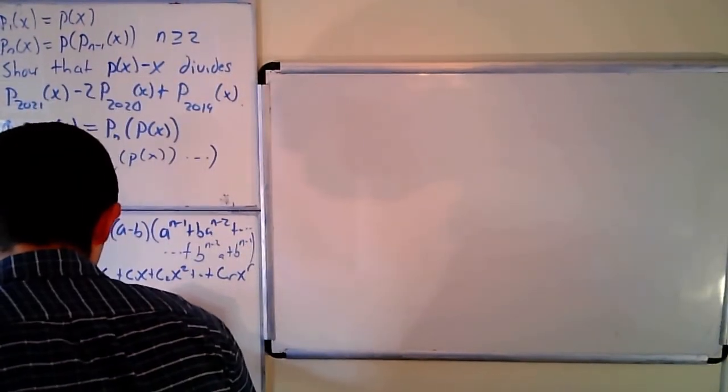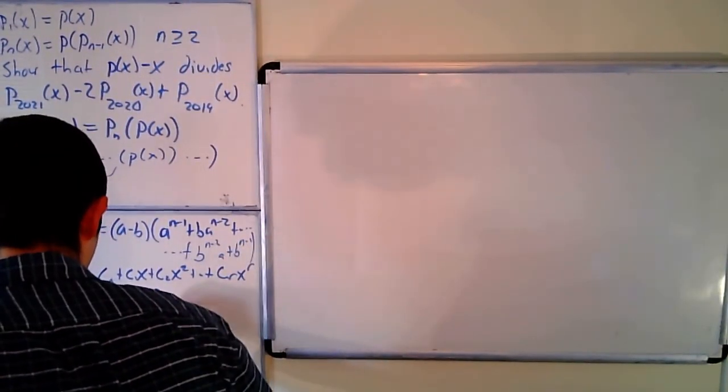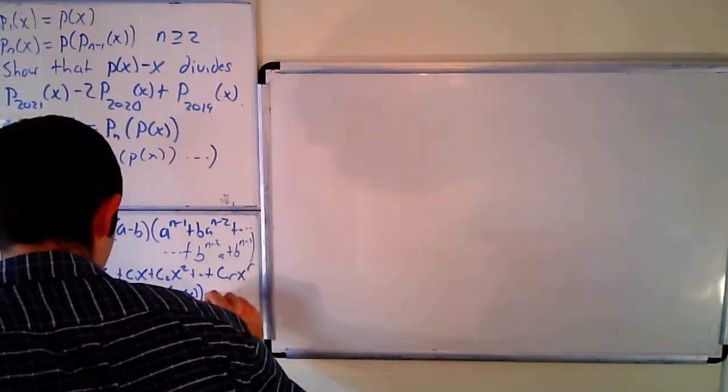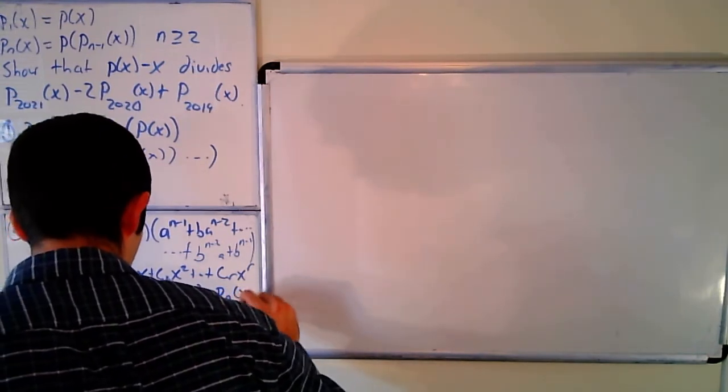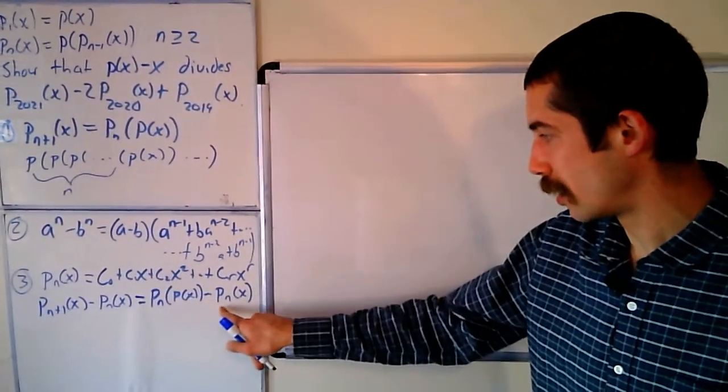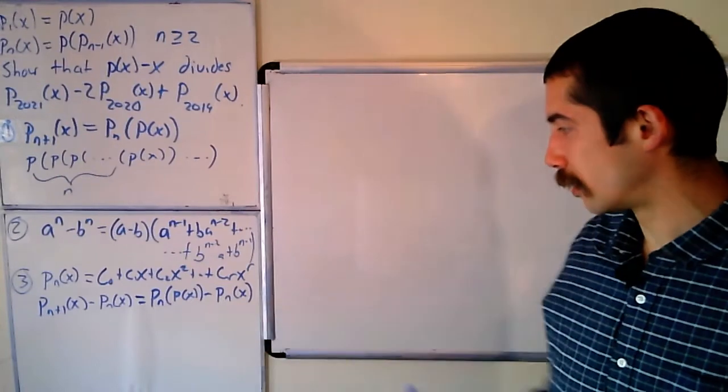Okay, so we could rewrite this as p of n composed with p of x minus p of n of x.